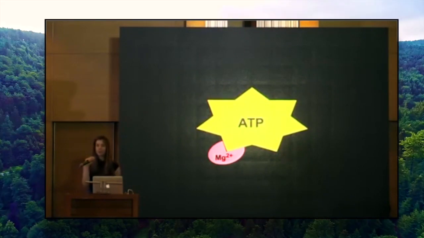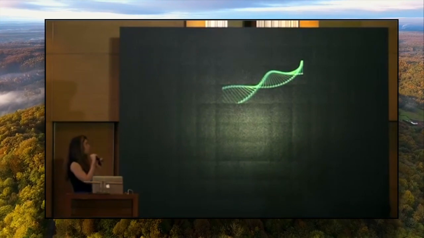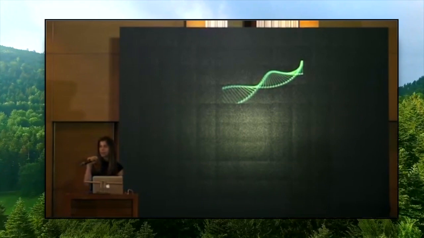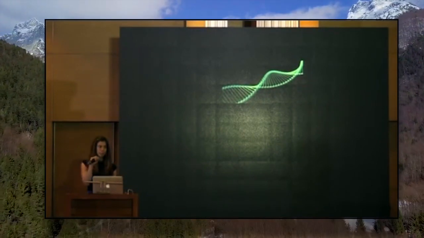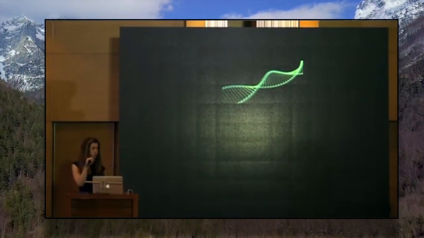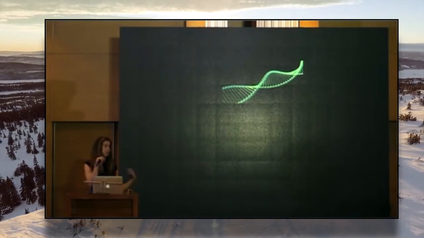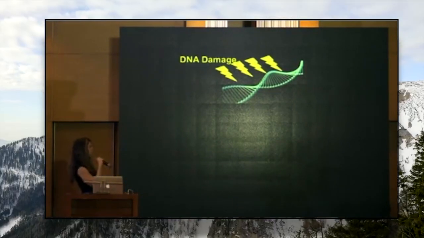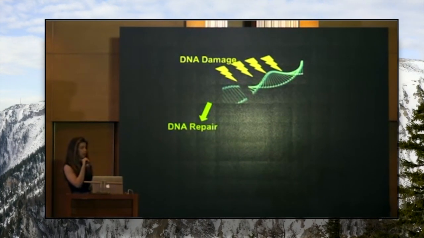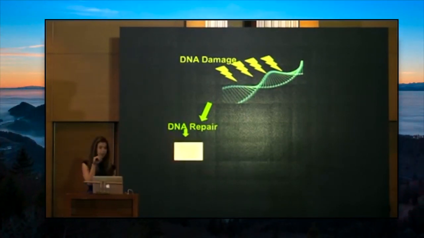But that's not the only process that requires magnesium. One of those 300 processes is also involved in repairing damage to DNA. Right now we're all damaging our DNA because as a byproduct of metabolism, we're making damaging reactive oxygen species. Our immune system is being activated at a low level, and these immune cells make byproducts that also damage our DNA. DNA damage can be repaired by DNA repair enzymes, and if that happens, you're going to have a very happy cell because it's not going to be damaged.